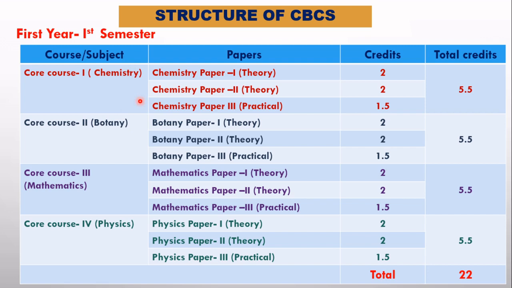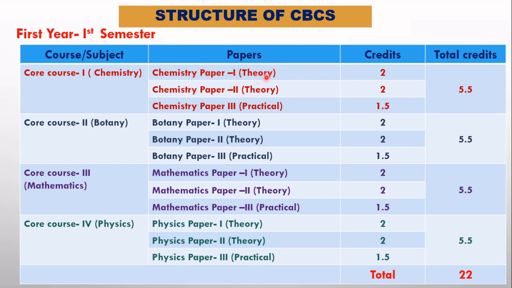So how will be the credits, and how these credits have been bifurcated, we have to see here. Chemistry first of all, this is the chemistry core paper he has selected. This chemistry has two theory papers and one practical paper. Means each core subject will have three sub papers, we can say. So chemistry paper first, chemistry paper second.